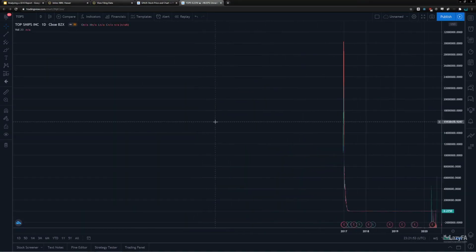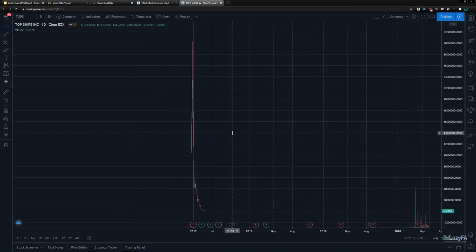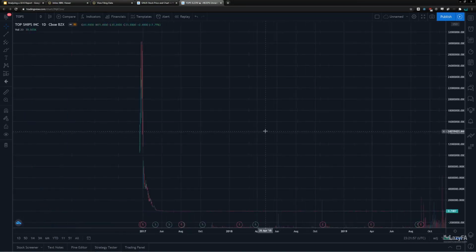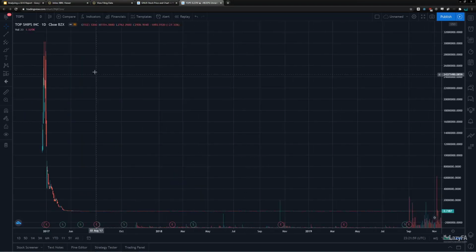So if you zoom out on a company like Top Ships that reverse splits a lot, you'll see that at one point back in August of 2016, it was $300 something thousand a share, $3 million a share. I don't even know how many zeros are there, but obviously it was never that expensive. But because it's been reverse split so many times, it goes down to almost zero.